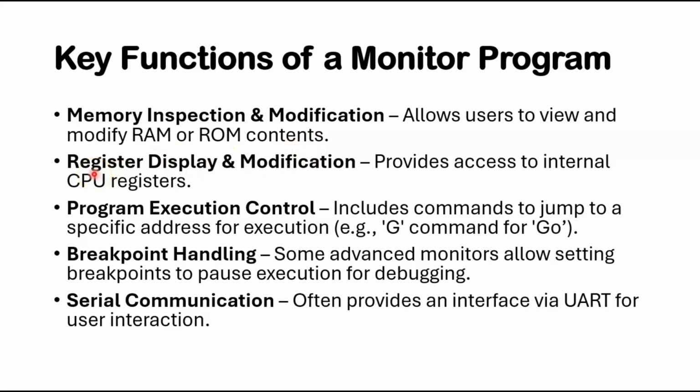Then the next key function would be register display and modification. This is very similar to the first one, the memory inspection, where it provides access to internal CPU registers. And then the third common key function is program execution control.